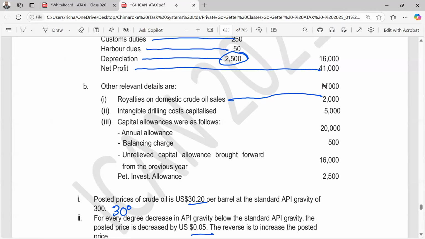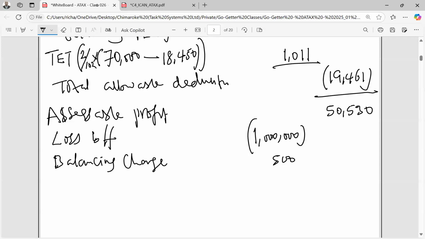Okay, so balancing charge is 500. Now we are going to be doing something. This is going to be what? $1 million minus 500. This is 999.